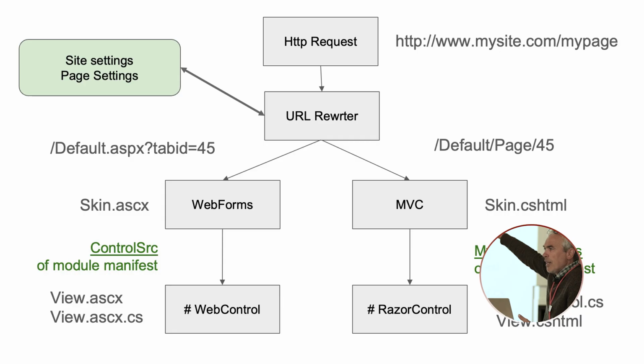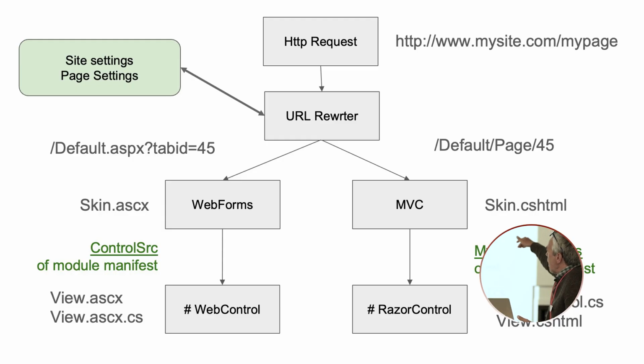So in the MVC pipeline, the URL rewriter looks at the site setting and the page settings that I showed just before to see if we will run the page in web forms or MVC. And it's the URL rewriter that rewrites the page. For web forms, like before, it rewrites the page name into a query string. For MVC, it rewrites it to an MVC route.